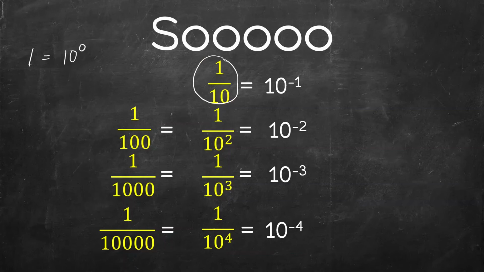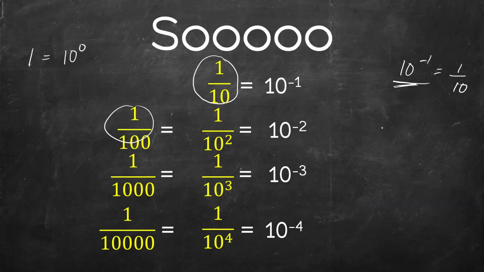Kasi alam natin na in law of exponent, kapag negative, gagawin natin siyang fraction, 1 over 10. The same with this one. So, si 1 over 100, equal siya kay 1 over 10 squared, kasi si 100 ay 10 squared. So, basically, 1 over 10 squared is simply 10 raised to negative 2.